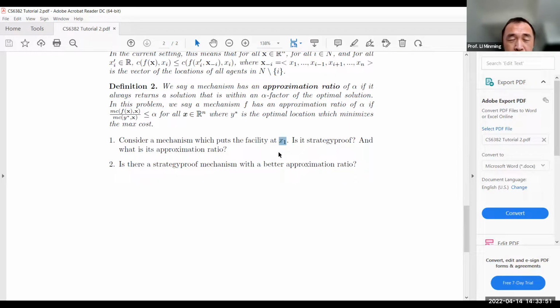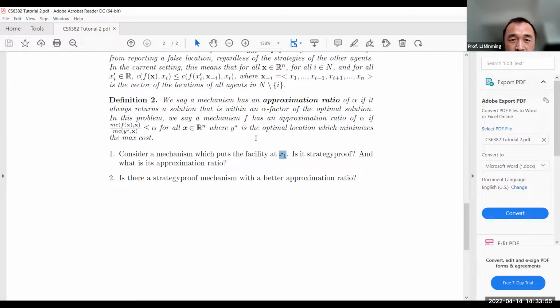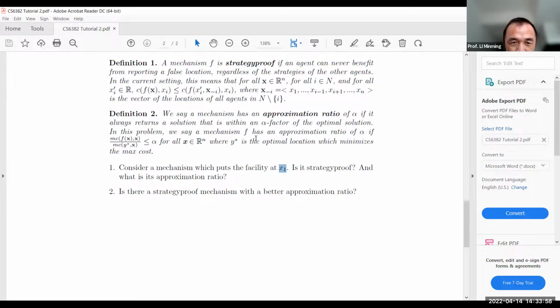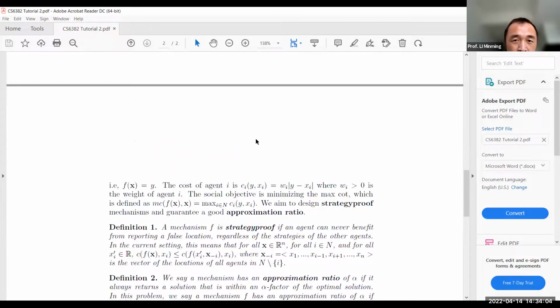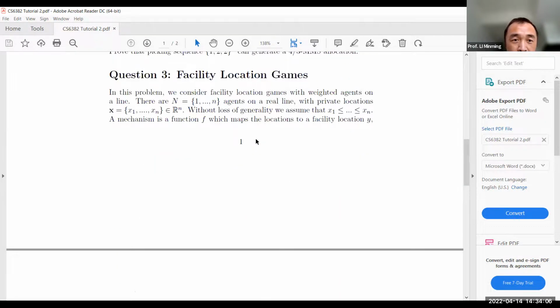But this tutorial question is actually not asking about this version, the version on the slide. This question is asking about the case when w is public knowledge. I don't know whether I wrote that here, but you see that with private locations, right? But not private weights.